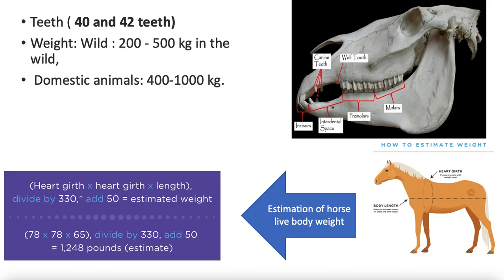Now let's talk about their live weight estimation. We can weigh the horses by using an electric scale or another kind of scale, which can give you the live weight of the horses. But the conventional method used for horses is weighing by using body measurements, after taking different parameters for estimating the live weight of animals, especially livestock.